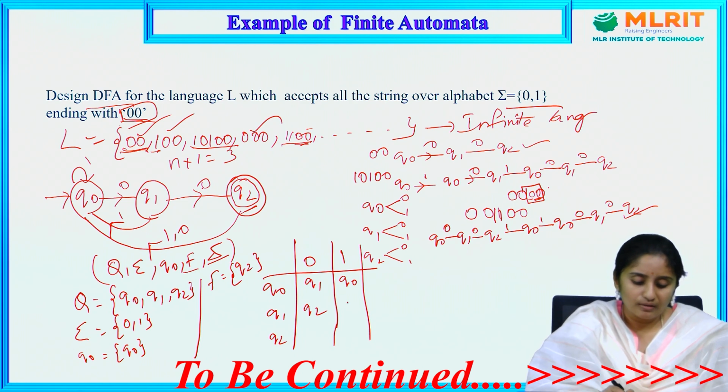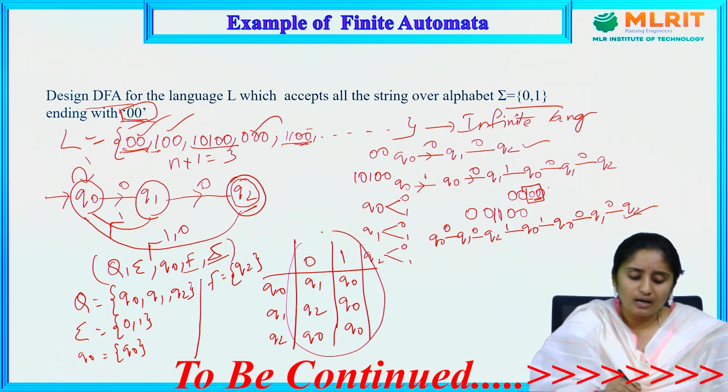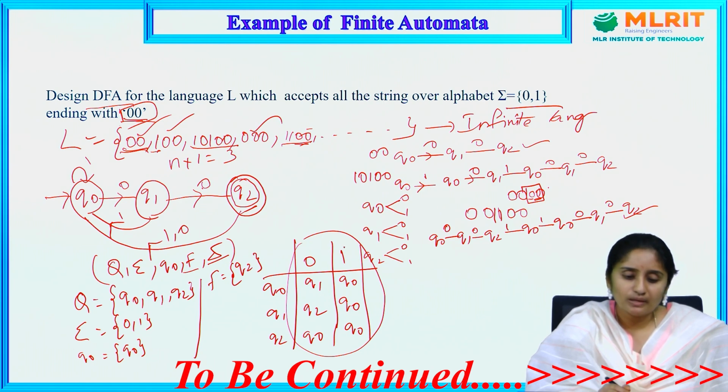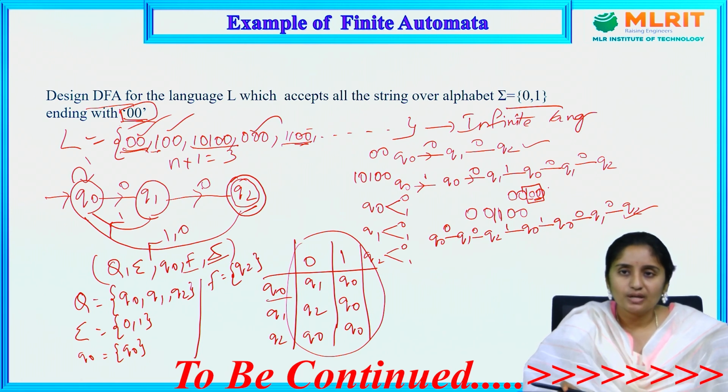Q1 on 1, it is moving to Q0. Q2 on 0, it is moving to Q0. Q2 on 1, it is moving to Q0. See here, all the input symbols are plotted. Only one transition is there for each state. So this is the DFA ending with 0, 0. Thank you.